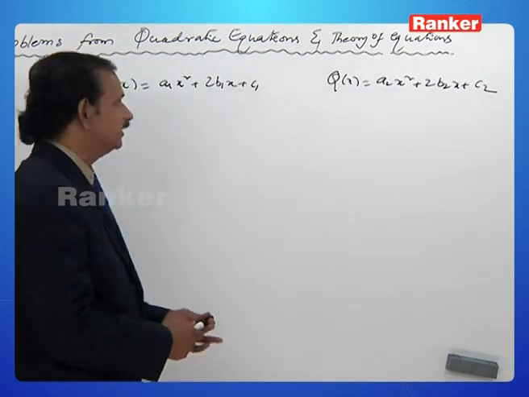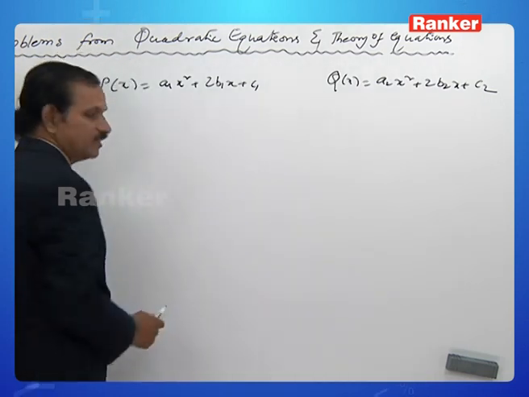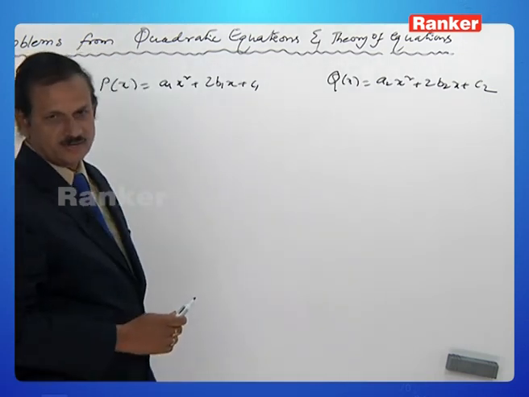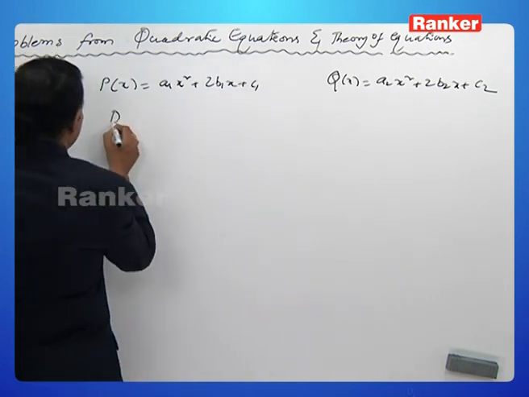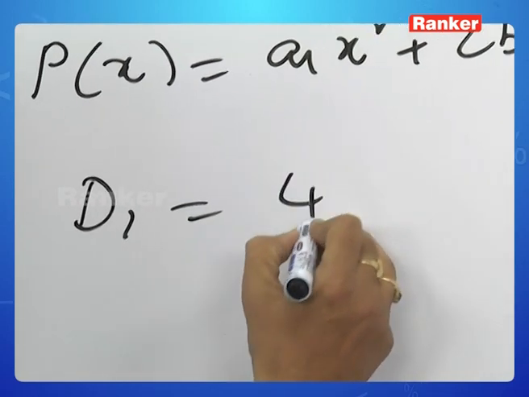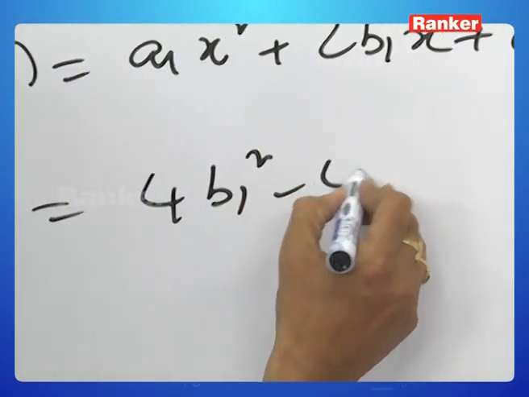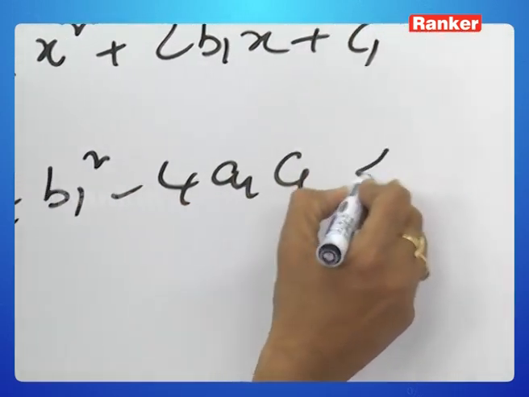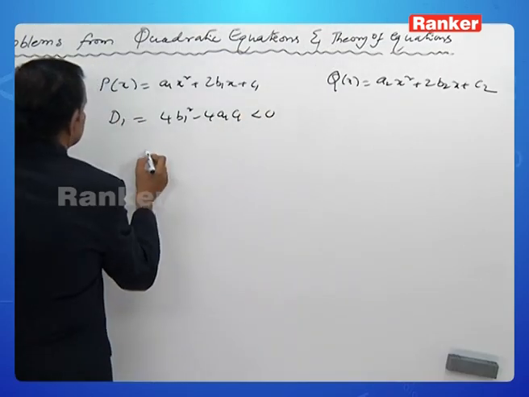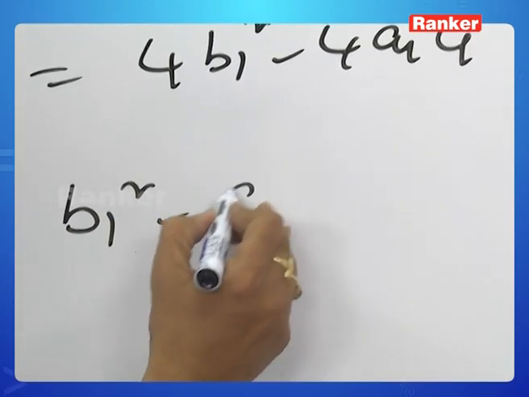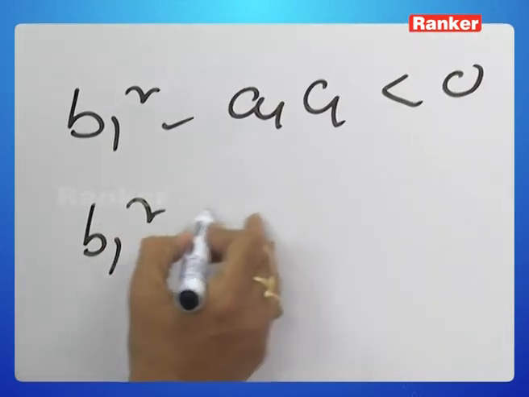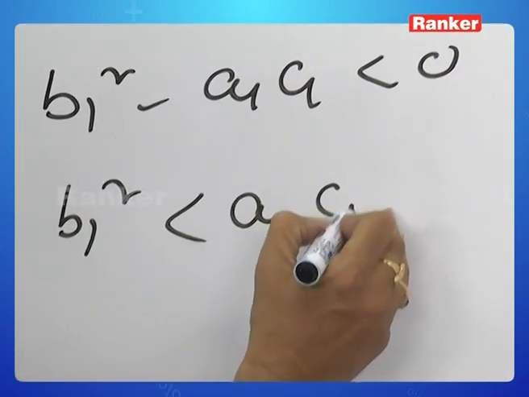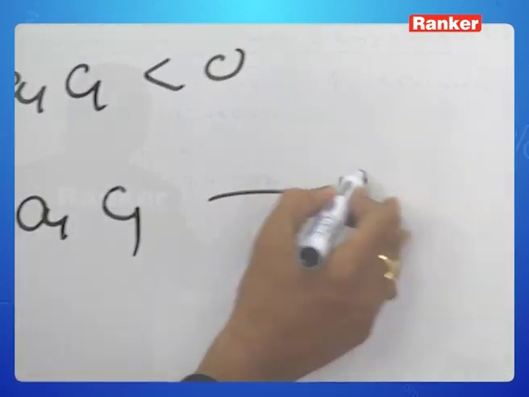It means that the discriminant of this expression is negative. That is, d1 is equal to 4b1 square minus 4a1 c1 less than 0. That is, b1 square minus a1 c1 less than 0. That is, b1 square is less than a1 c1. Call this 1.